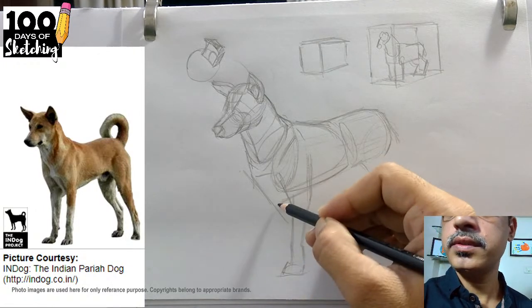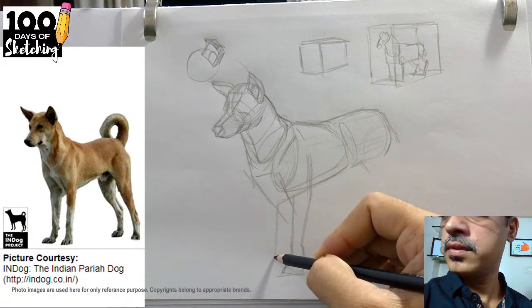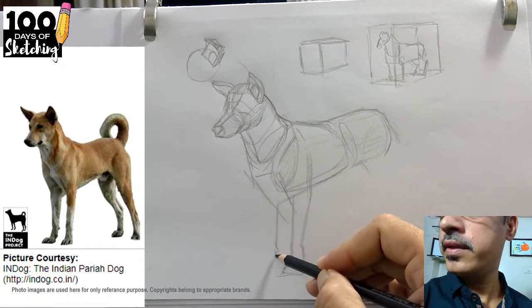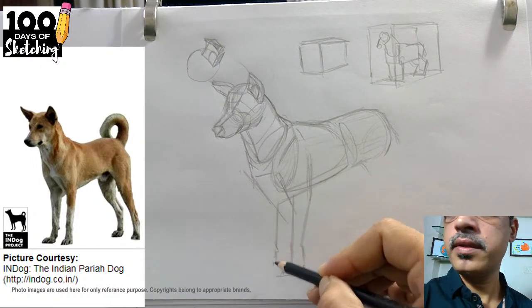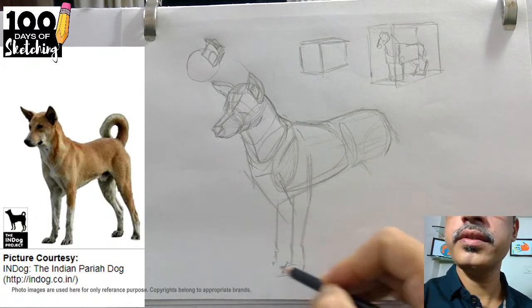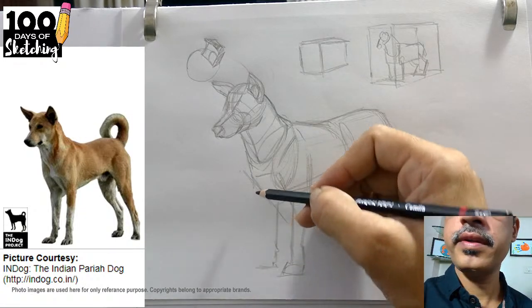And again, this is the second leg, and you can see this is the line, so it's ending here somewhere.